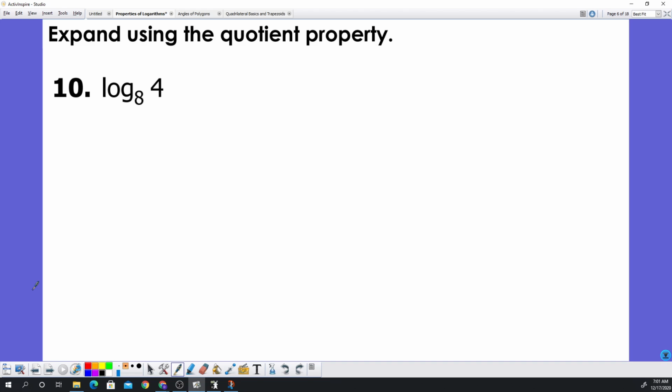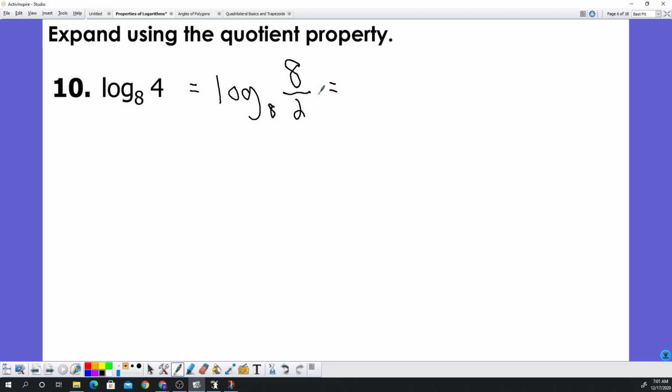Now we want to expand using the quotient property. Now you could get all sorts of answers using this. Like we got 4. Okay, now 4 expressed as a quotient. Now we could do log base 8 of, how about 8 divided by 2? That's equal to 4, right?